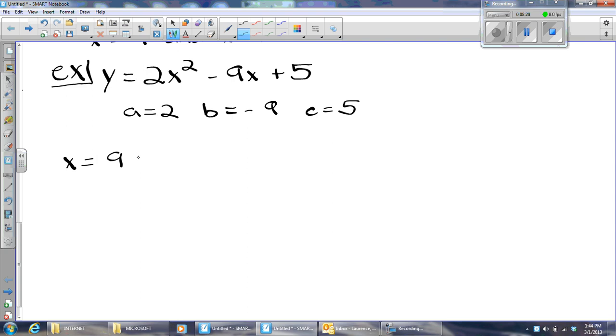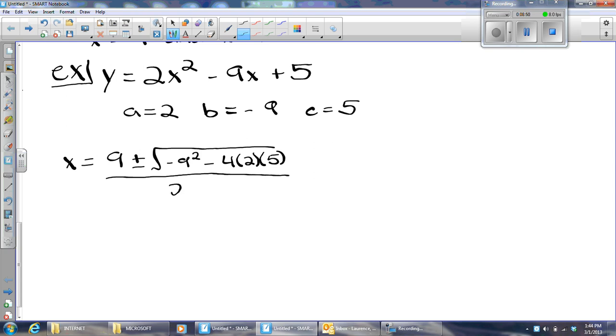So 9 plus or minus the square root of -9 squared minus 4 times 2 times 5, all over 2a, so 2 times 2.